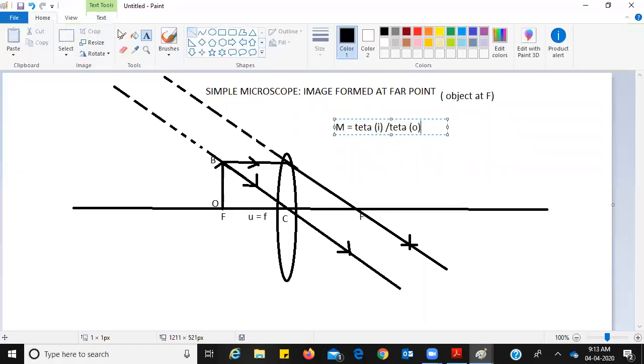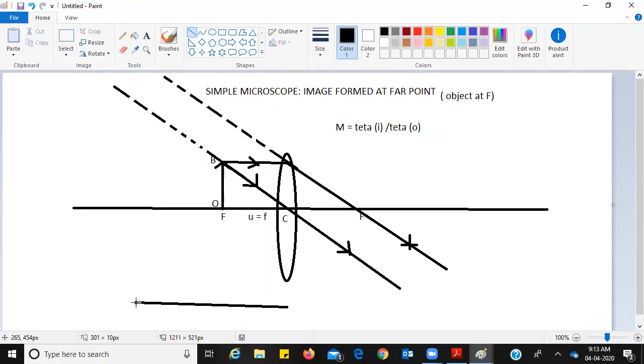So yesterday, like I've drawn, I'm drawing another diagram from here, C. I can draw over this diagram itself. Bringing the object from O to the near point. This is the object, and we draw the angle at the eye.